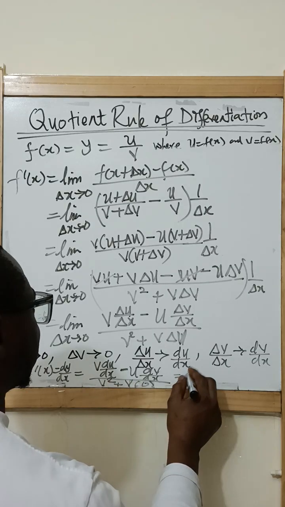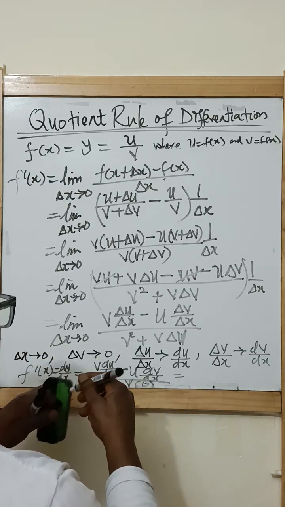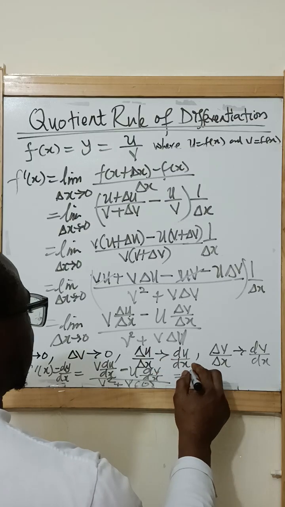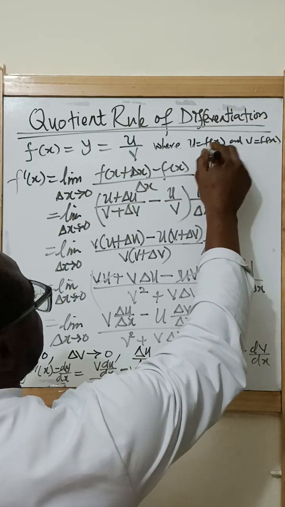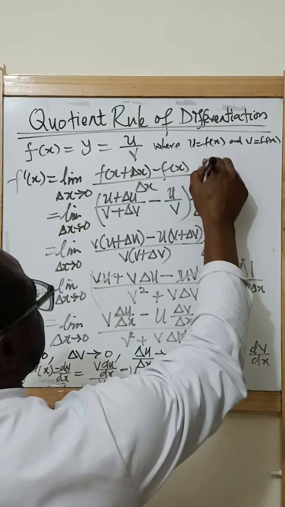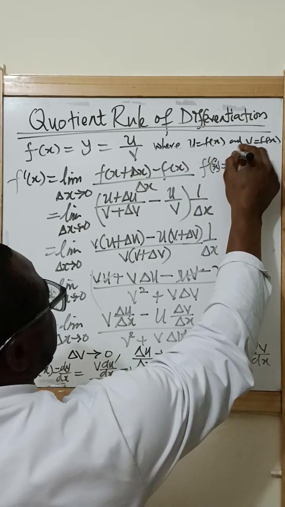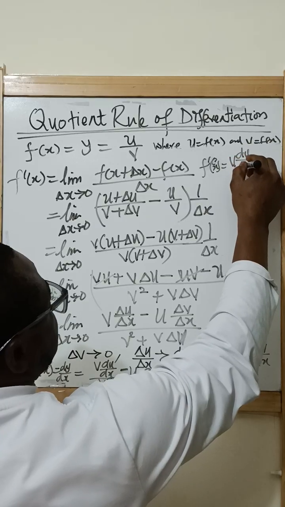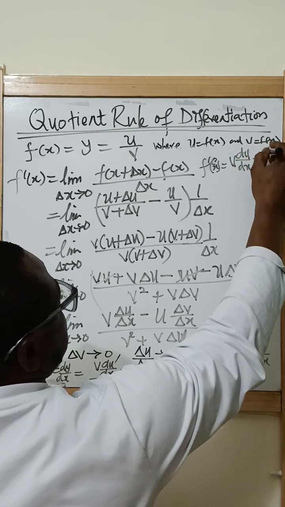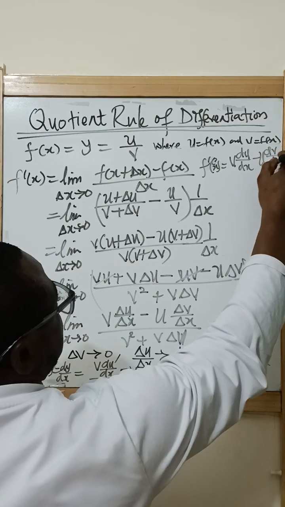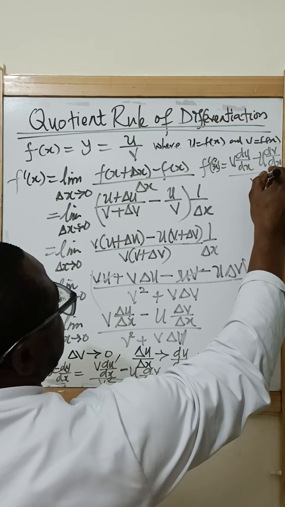So we now have our formula: f prime of x equals v du dx minus u dv dx all over v squared.